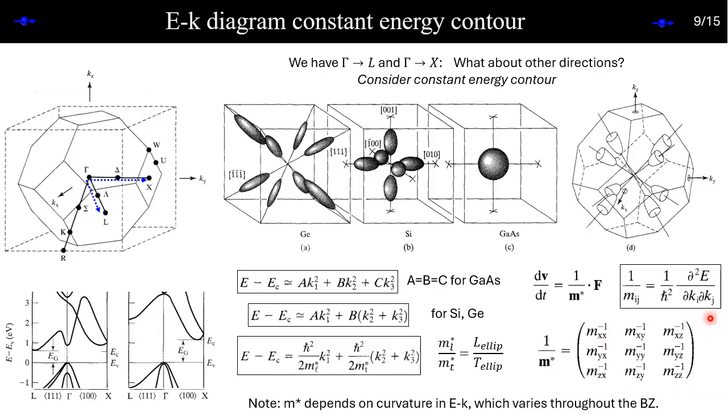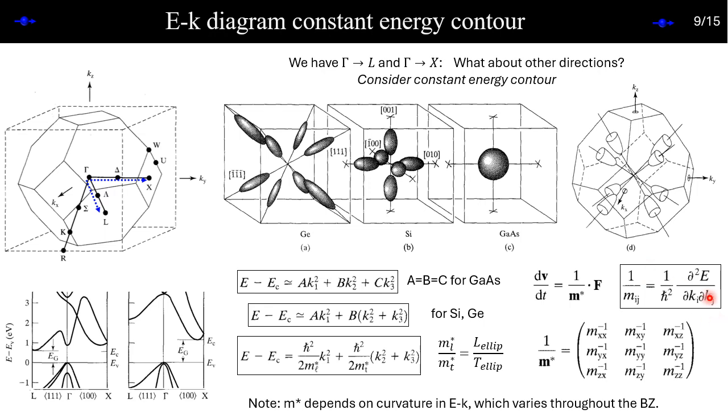It is a 3 cross 3 tensor because you have 3 important k directions. We are plotting only 2, but you can have the 3 important k directions, and for that we have 9 elements, a 3 cross 3 matrix.